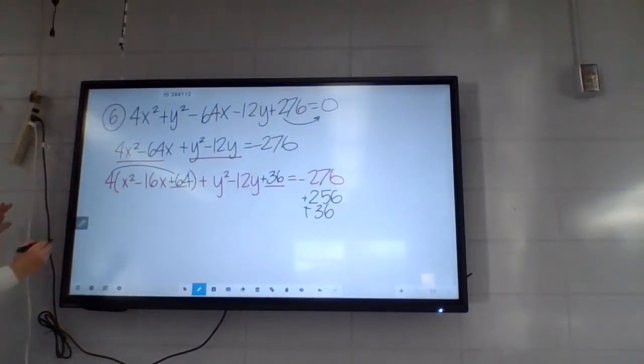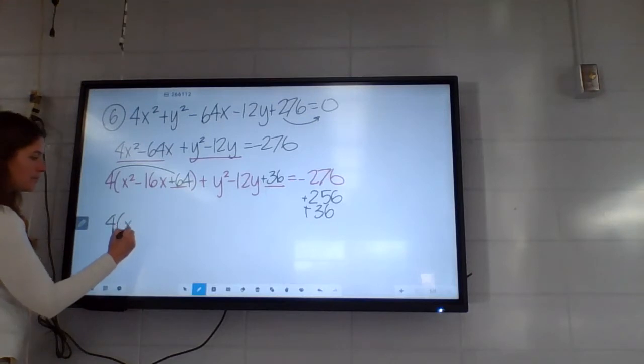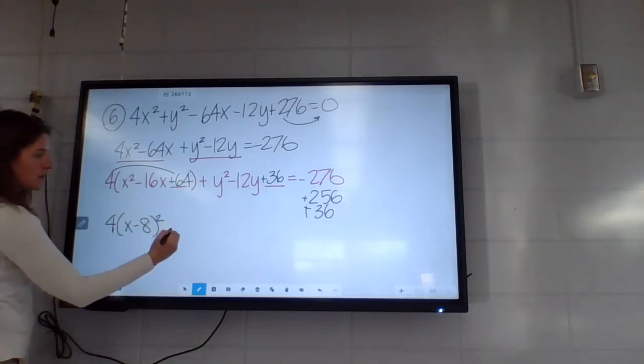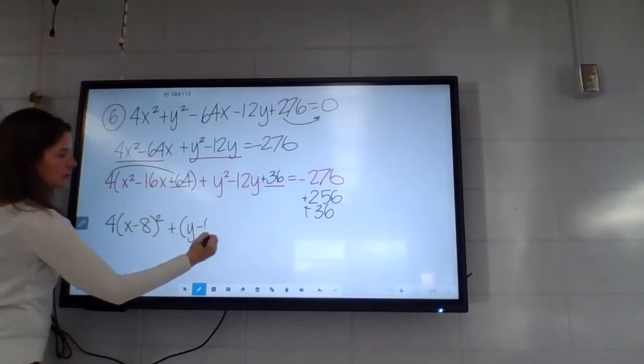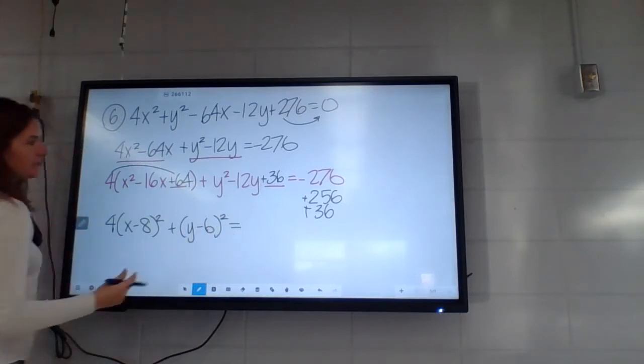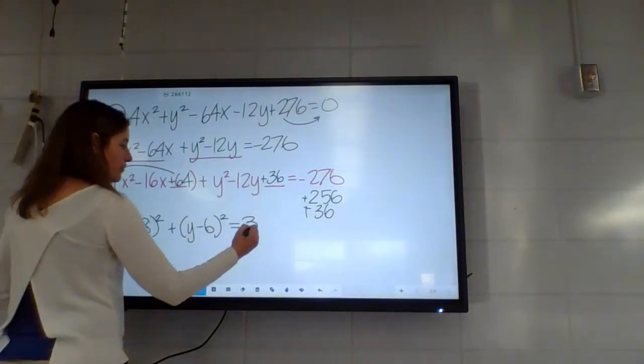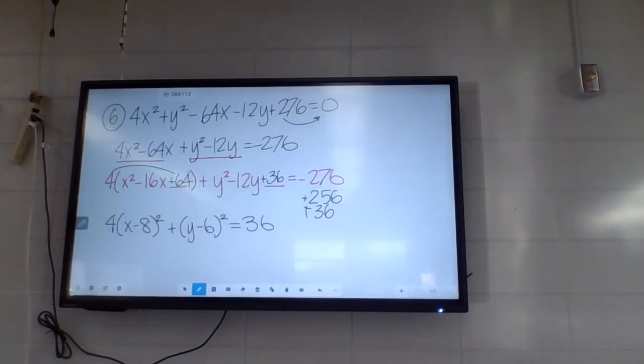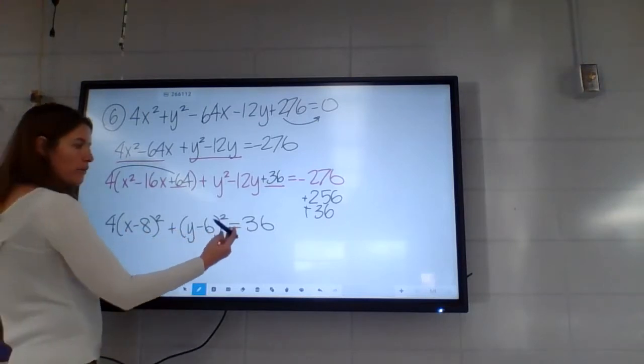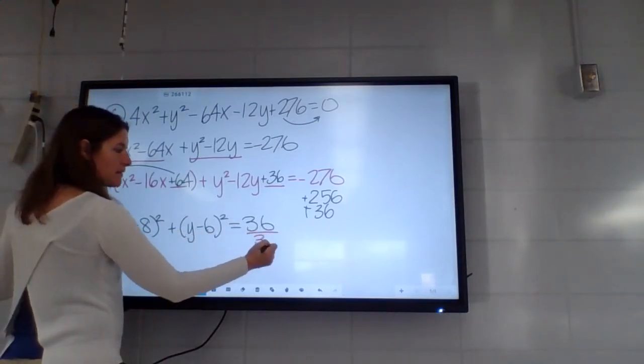Now what I have here, this should be factorable. And so should this. And then left on this side, 36. So that's where it's a lot like the circles except for that extra little piece. But then we want this to equal 1 over here. So I'm going to divide this by 36.